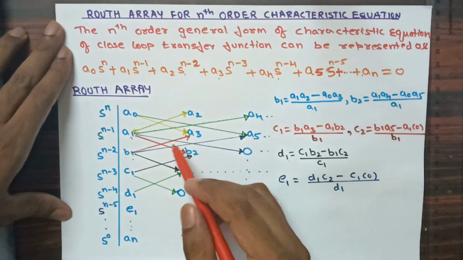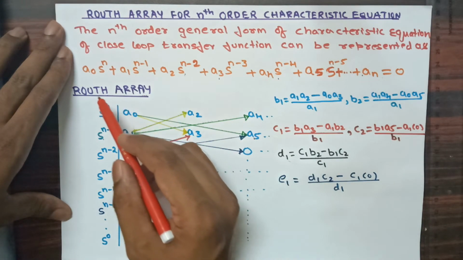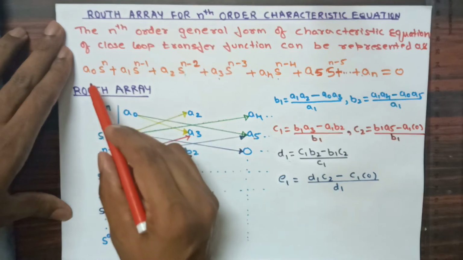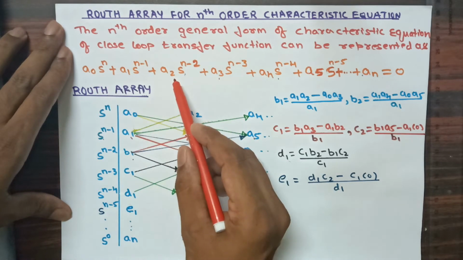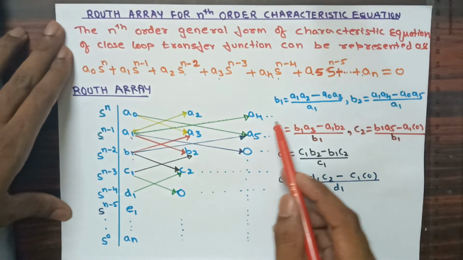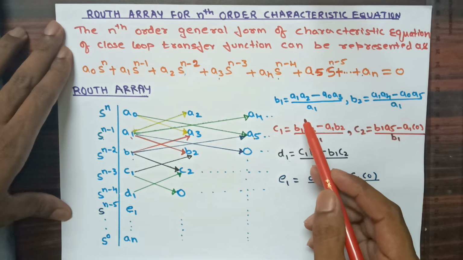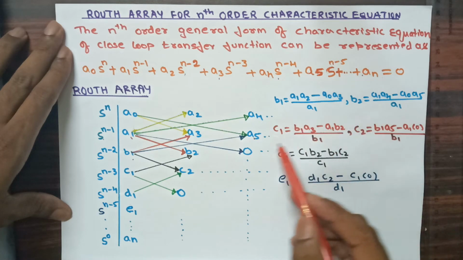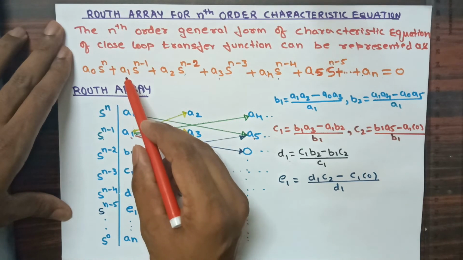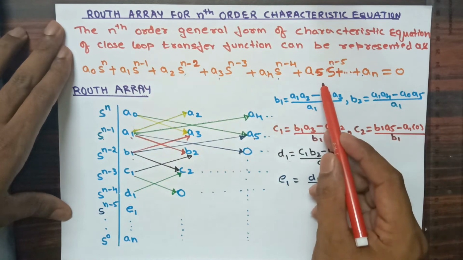The other way, you can see here, by taking the even coefficients we are going to form the first row. Even coefficients are a0, a2, a4. In this way, if more even coefficients are there, we can represent them in the first row. Now for the second row, we are going to consider the odd coefficients a1, a3 and a5.